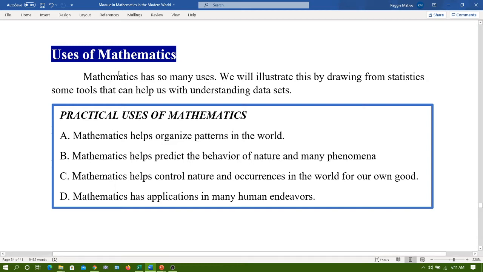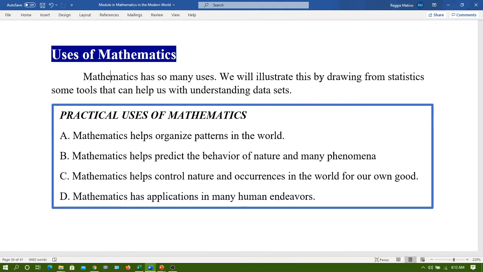Okay, so mathematics has so many uses. So we will get some examples from statistics to help us understand some data sets. This is where we begin to compute some things.